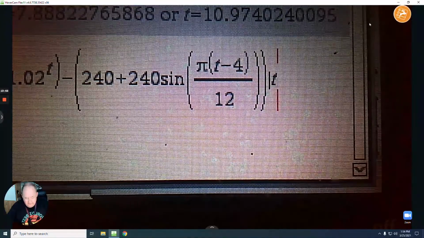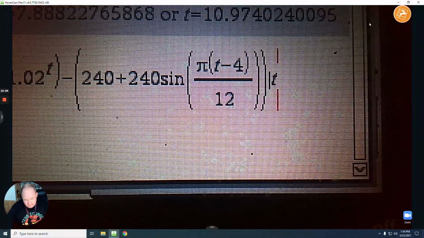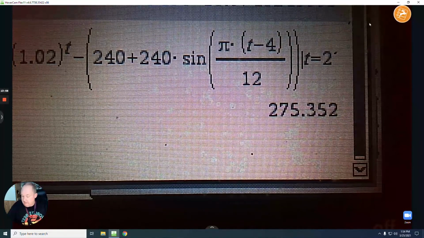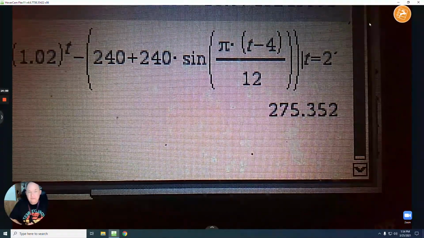I'm going to evaluate it at t equals 2, and it gives me a positive answer. So that means it's increasing.